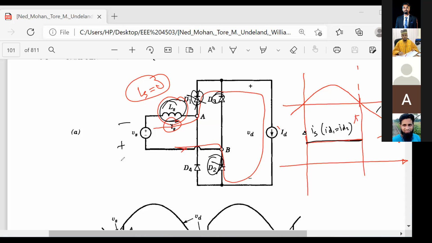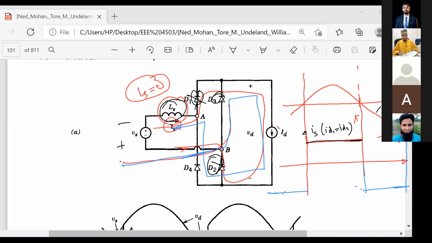Then this is your negative. Then current will go this way, like this, and this should come here, and that should be D4, and it is going opposite to what we have got. So what should be the wave shape of the IS then? Square waves, negative waves.